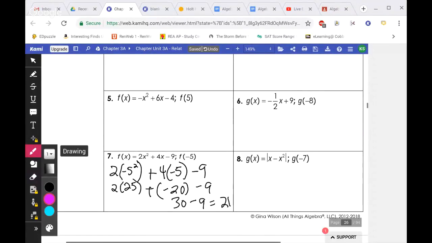So what you're going to want to do is plug in your -7 inside the absolute value sign. So I've got 7 minus -7 squared, all in those absolute value signs. So that's going to be 7 minus 49.